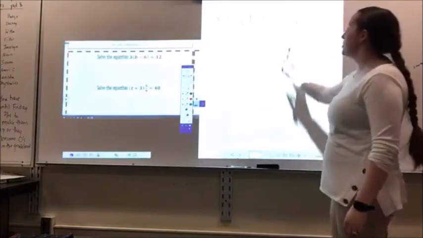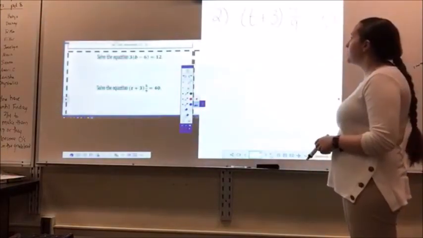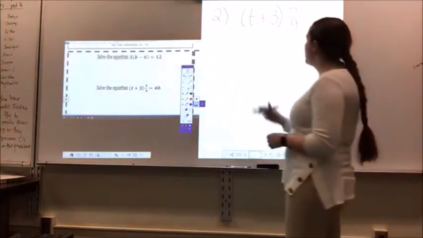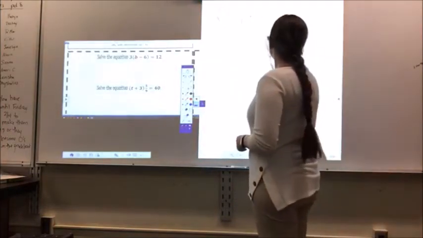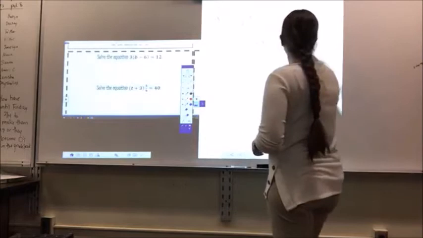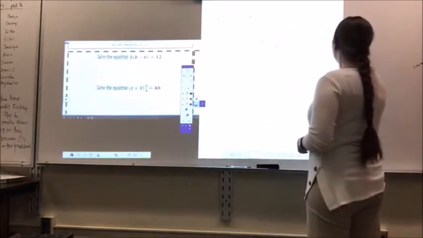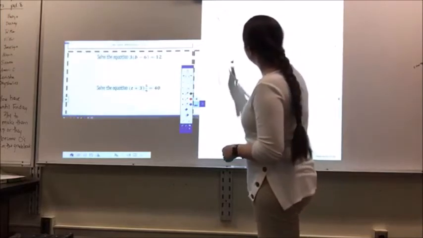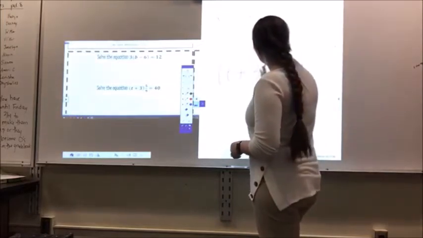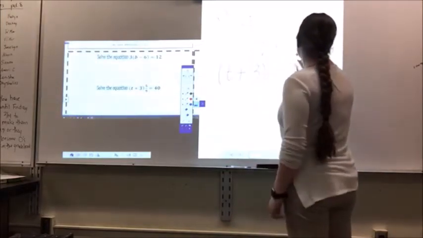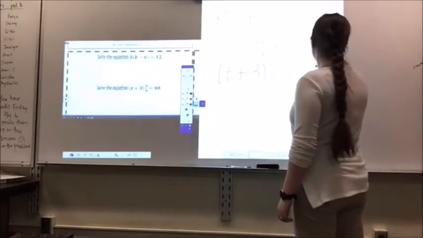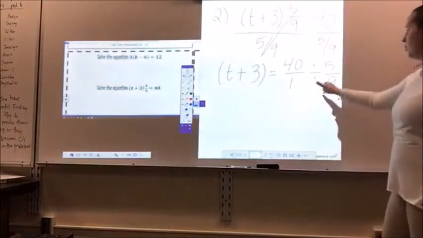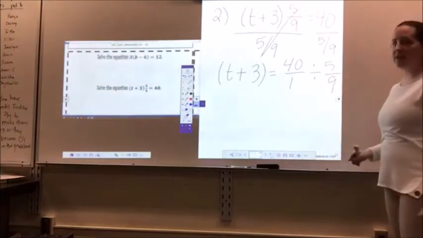All right, so number 2 says t plus 3 times 5/9 equals 40. So again, I need to divide both sides by 5/9. Okay, when I do this, this cancels. I'm left with t plus 3 equals 40 over 1 divided by 5/9, so I keep, change, flip.